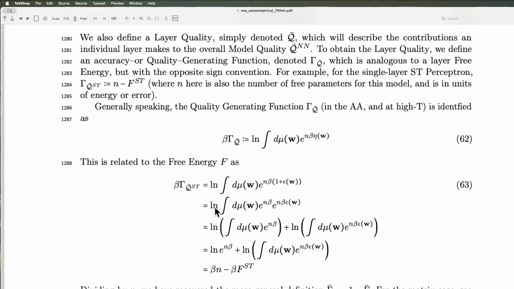So you get the natural log of the first integral, d mu of w, e to the N beta, plus the natural log of the second integral, d mu of w, e to the minus N beta epsilon. And so this gives you N beta plus the natural log of the integral of d mu of w, e to the minus N beta epsilon, and that will be beta N minus the free energy. So we recover this idea that the quality is just N minus the free energy, or 1 minus the free energy, depending on the normalization.